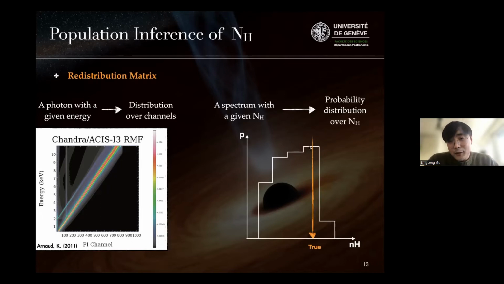Of course, in this case, it's much more complicated, because the RMF only depends on the incident photon energy, but NH also depends on many other spectral parameters; NH is heavily dependent on gamma. So if we look at the PDF of individual sources, the PDF would probably be different, even with the same true NH.